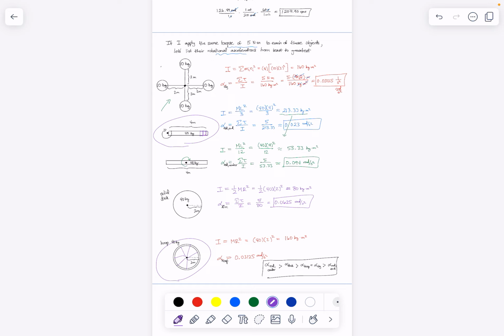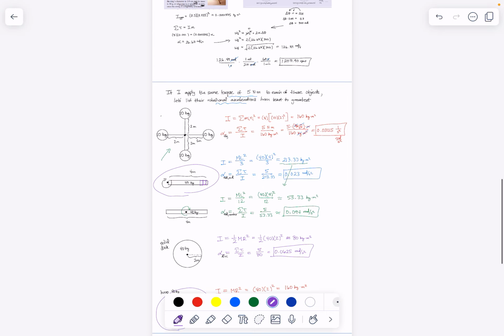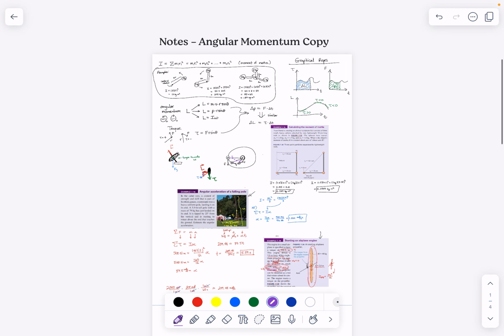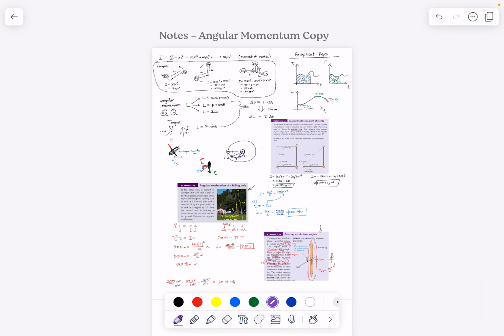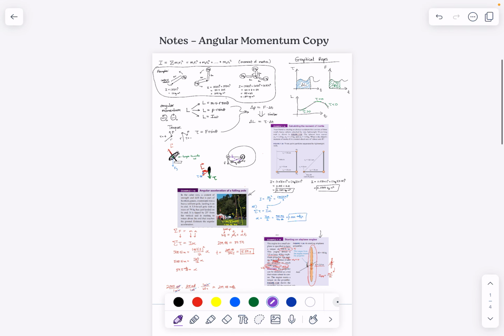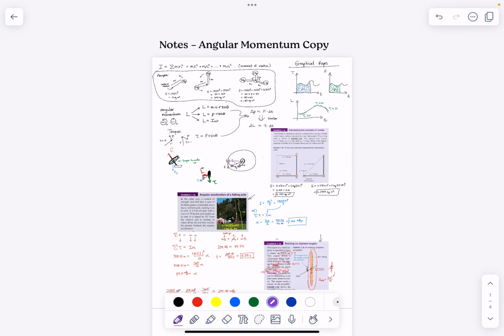For my block 4A, guys, keep in mind you have a quiz later this week on unbalanced torque situations. So I'm just trying to give you more questions, more practice, and I'll go ahead and post this stuff in the drive if it's not there already, right? So we've done a lot with unbalanced torque, but one thing that's sorely missing from this practice is there's not a whole lot about angular momentum.